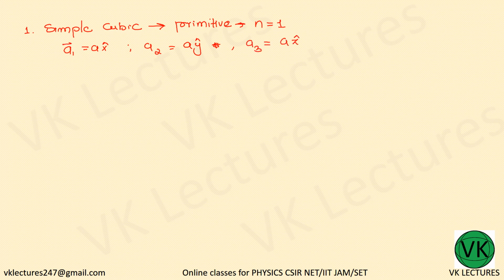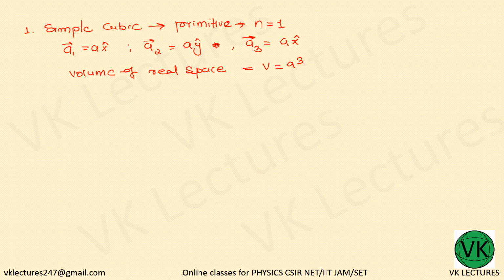These are the lattice vectors. Now from here you can write the volume of real space, because this is defined in real space. So we will write the volume as V equal to a cube. Okay.